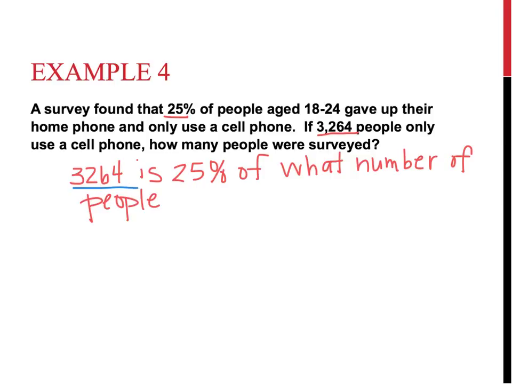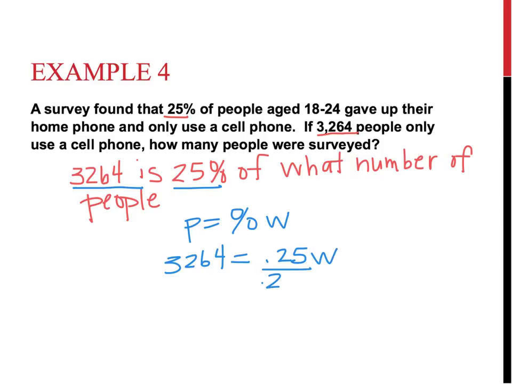So we have our is and we have our percent. So we can say part equals percent times whole, right? I'm sorry, I'm looking at the wrong one. We can say that 3,264, because that's our part, is 0.25 times the whole.